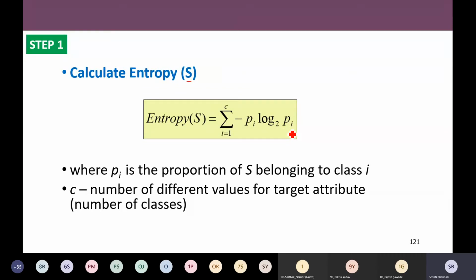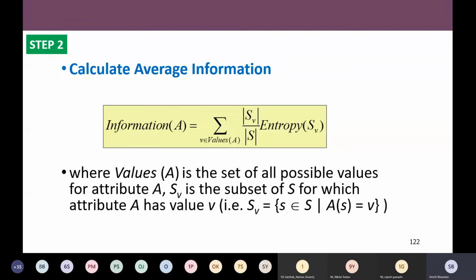Pi is the proportion of S belonging to class i, so it is a probability, and C is the number of different values for the target attribute, so the number of classes. This is how we are going to compute the entropy.